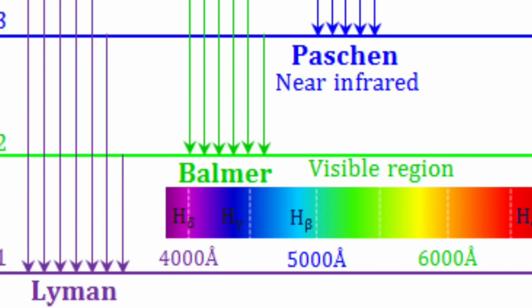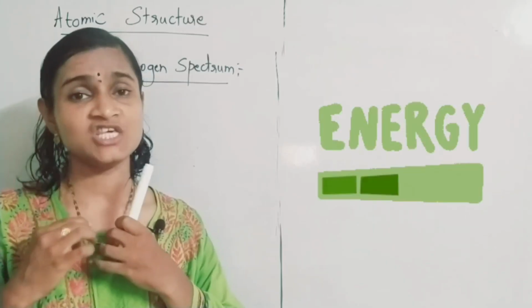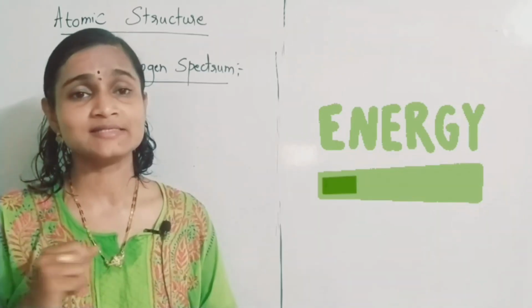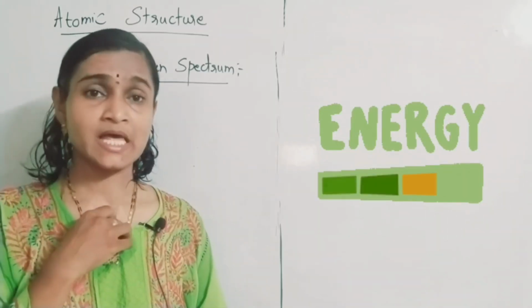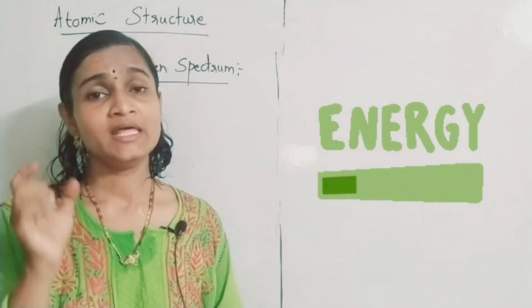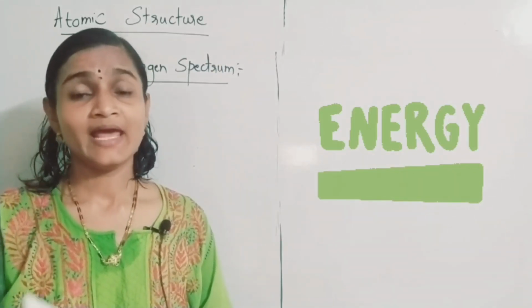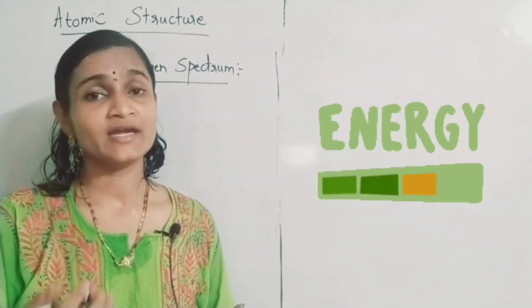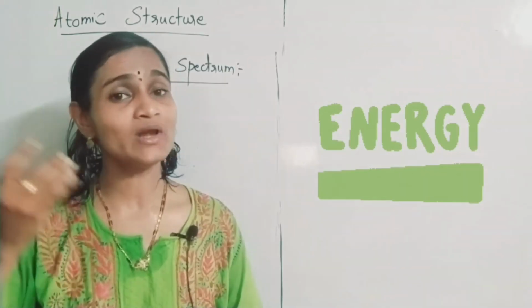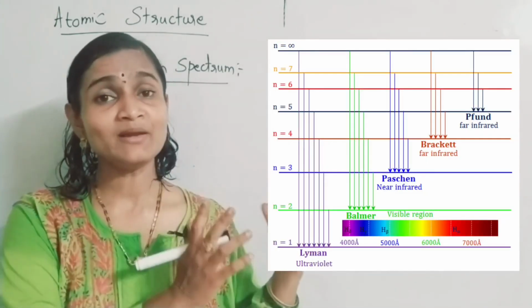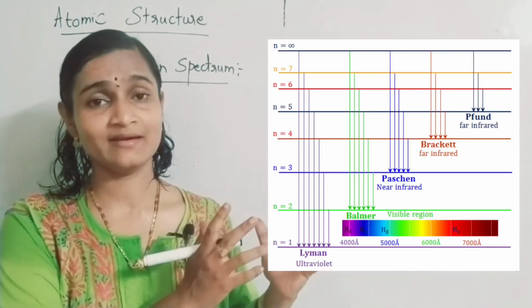If 13.6 electron volts of energy is provided to a hydrogen atom, if you take a sample of a gas and 13.6 electron volts of energy is supplied, then the electrons present in the hydrogen atom go to the higher energy levels, as we have already discussed.